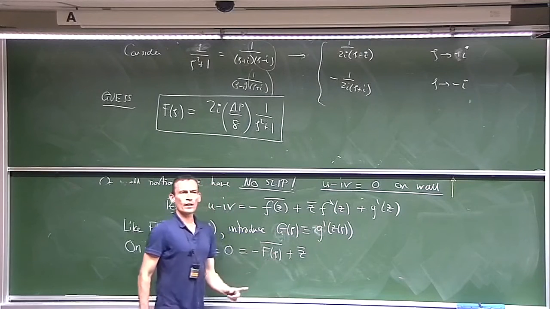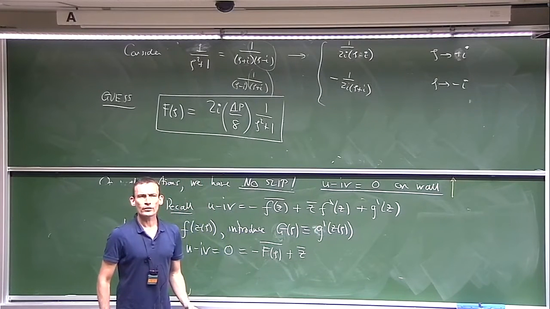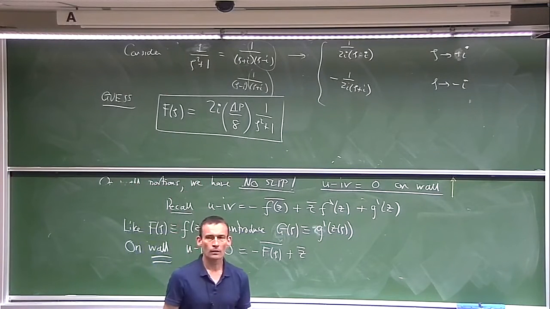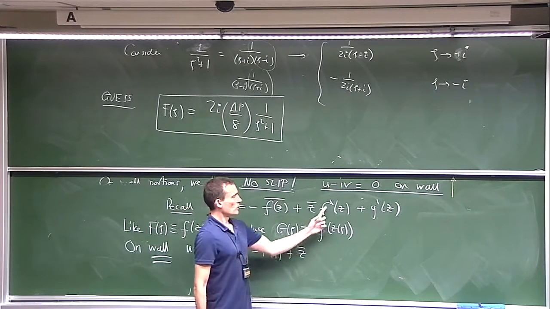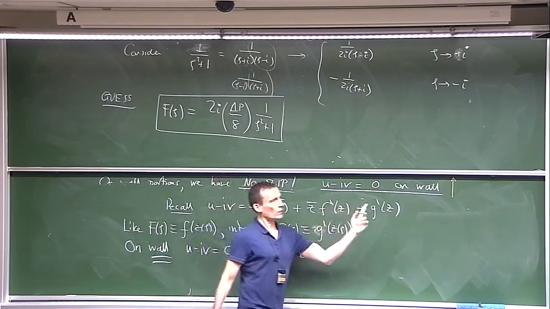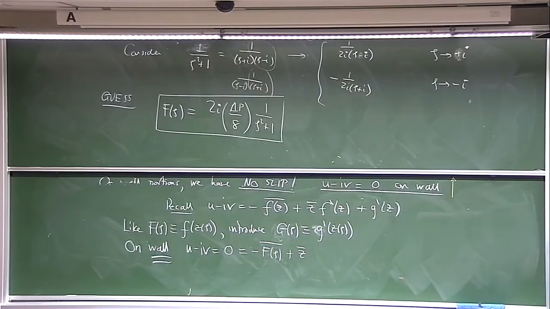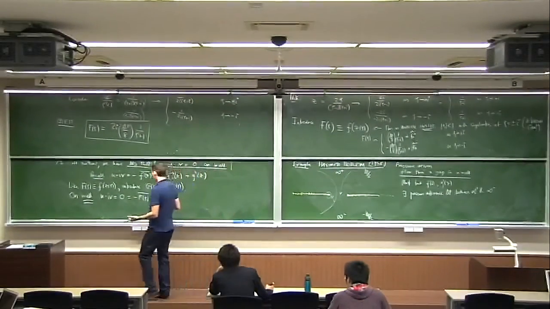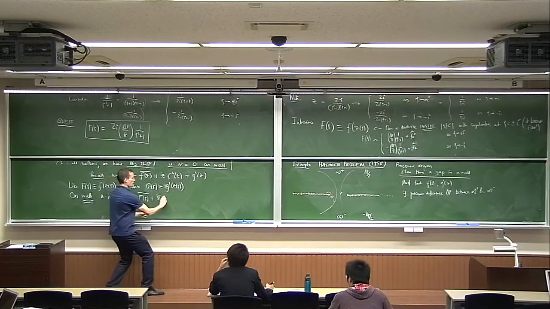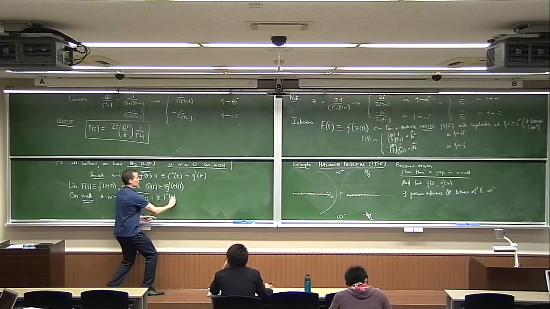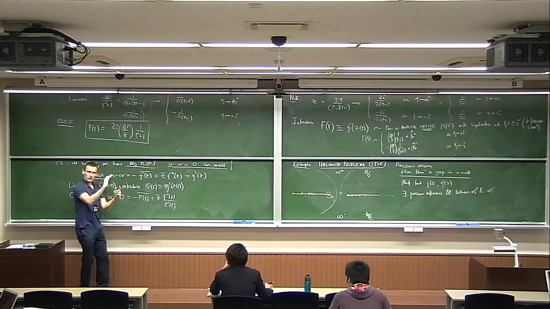What's F prime in terms of capital F? I know capital F is this, so what's F prime in terms of capital F? I have to use the chain rule, because this is df by dz. So it's F prime of zeta divided by z prime of zeta, df by d zeta divided by dz by d zeta.